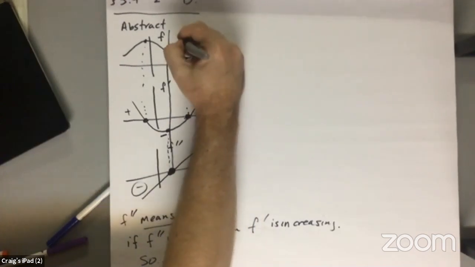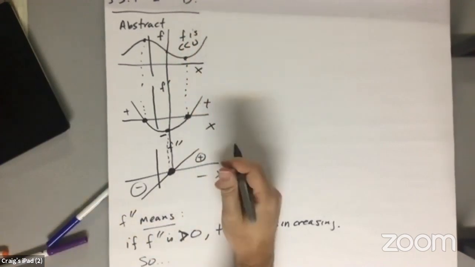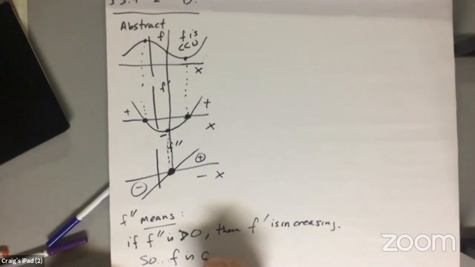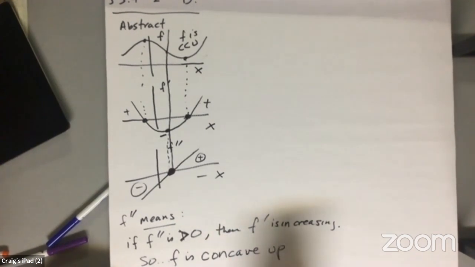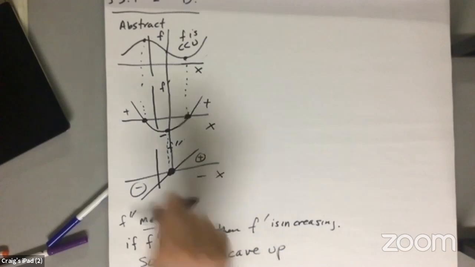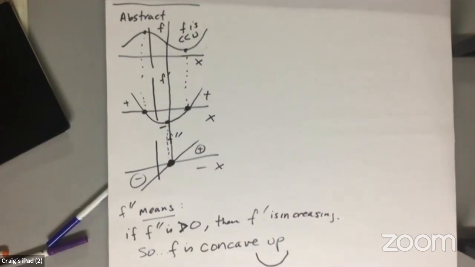At this spot, f is concave up. So when the second derivative is positive, the first derivative is increasing and the function is concave up. It's shaped like a bowl sitting up like that.